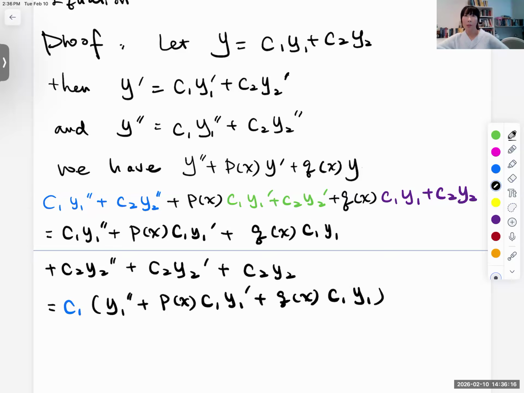Now the common factor will be c sub 2, right? So there will be plus c sub 2 times y sub 2 second prime plus p of x, y sub 2 prime plus q of x, y sub 2, right?